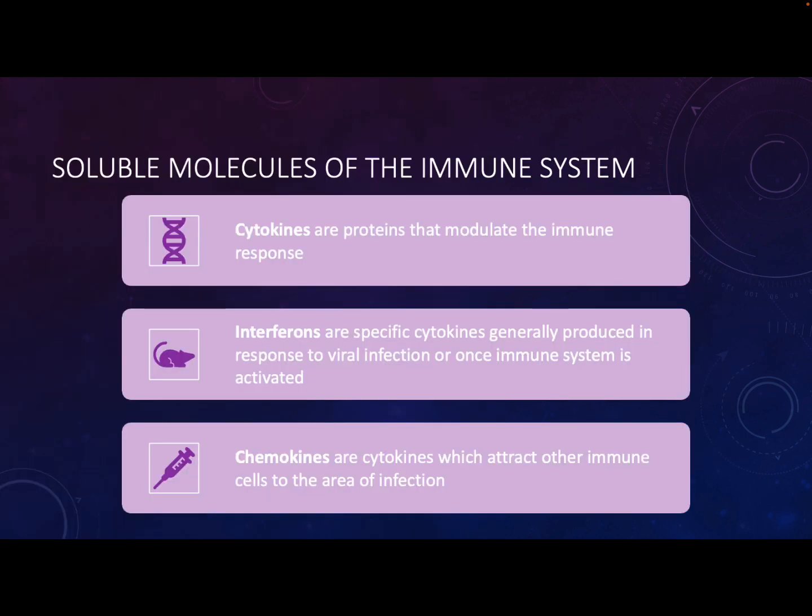When we're talking about the immune system, yes, we do talk a lot about cells, macrophages, right, as part of the innate immune system, dendritic cells, those phagocytic cells that just go around eating everything. We talk about B and T cells as part of the adaptive immune system. But we also have a lot of molecules that are produced by these cells and others that are secreted into the body when there's a problem.